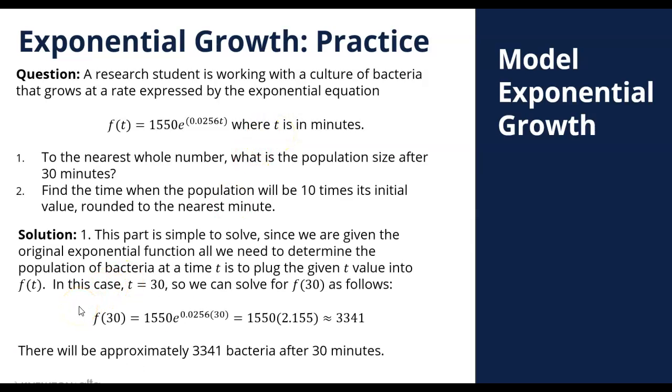So to get the population of the bacteria at t equal to 30, we will just plug in 30 for t. So we will evaluate this expression here, and plugging into your calculator, you get 3,341. That means there will be approximately 3,341 bacteria after 30 minutes.